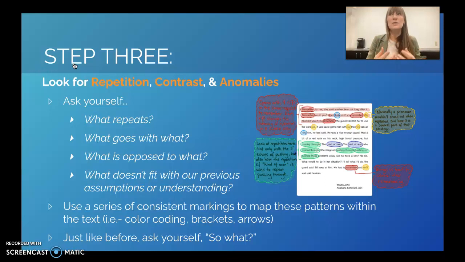We want to ask that, so what? Or you want to leave a little note for yourself. Why did I highlight these words? What is the pattern that I notice? So that when you come back to your annotations, you're not scratching your head thinking, why did I highlight that? Because all of those visual marks are accompanied by some sort of brief marginal annotation.